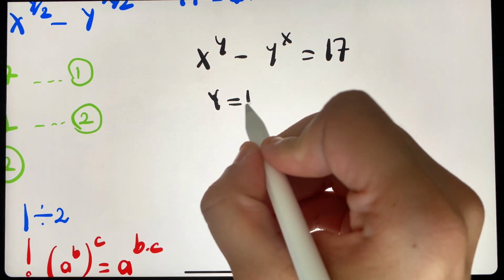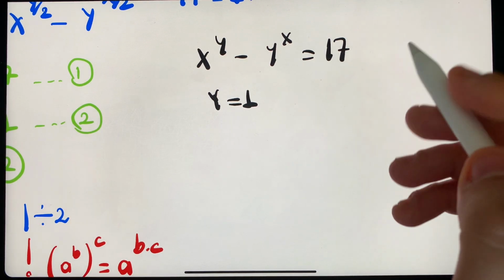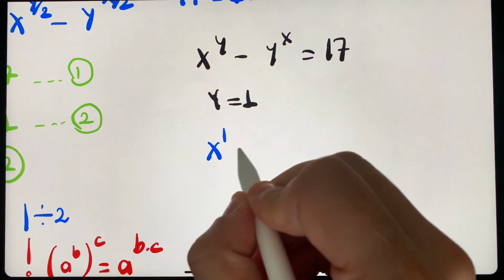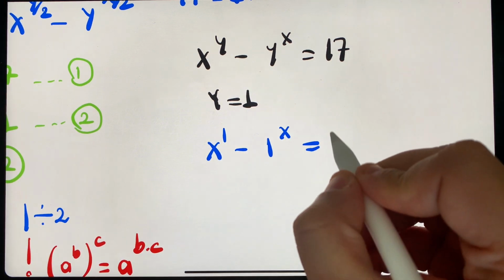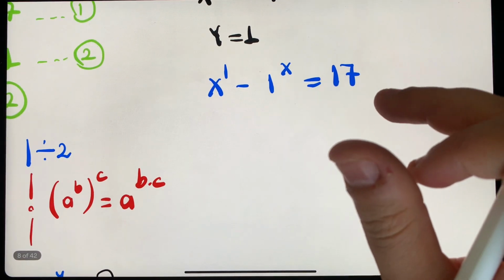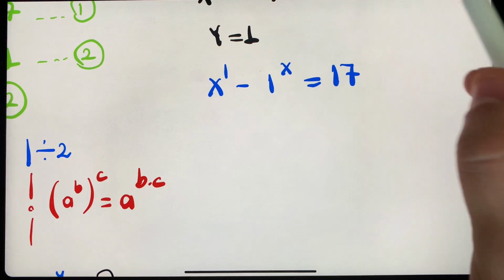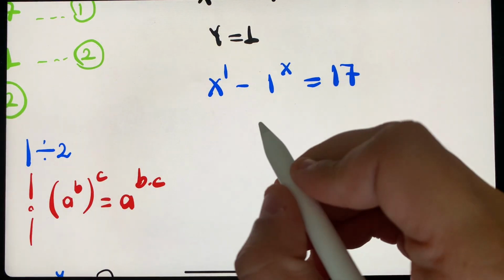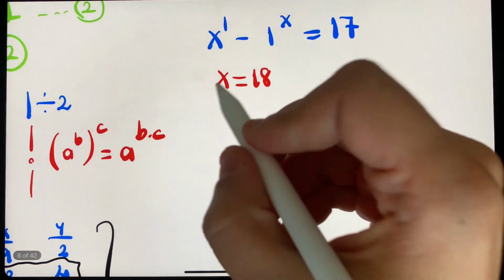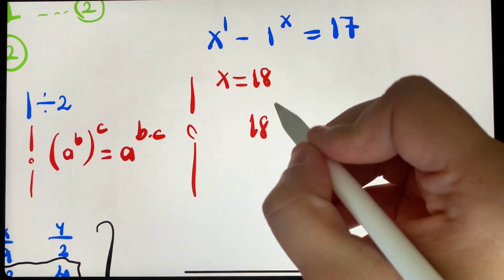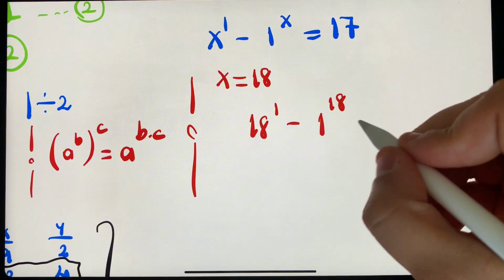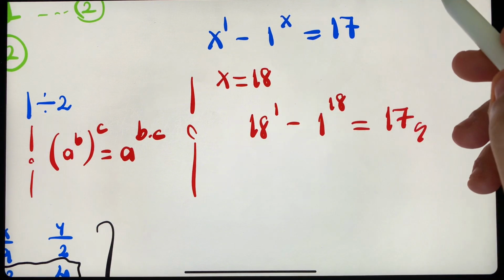If I write 1 instead, I see how x to the 1 minus 1 to the x expression comes. 17, so from which number do we subtract 1 to get 17? Of course, 18. If we get 18 here, look, our question turns into this: 18 to the 1 minus 1 to the 18. What is the 18th power of 1? 1, really. This is our equation that he provided.